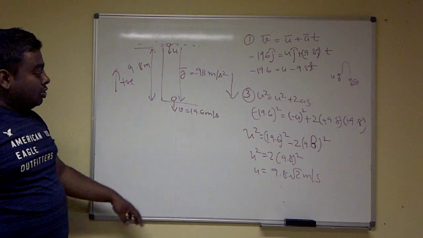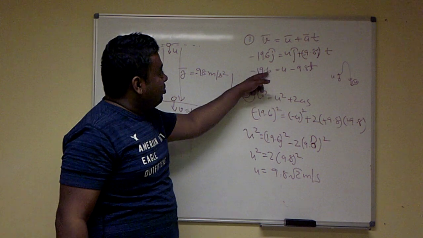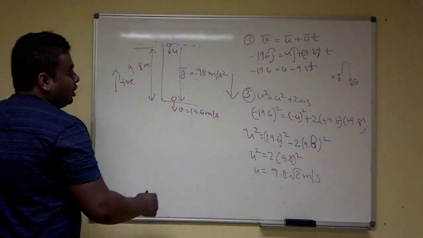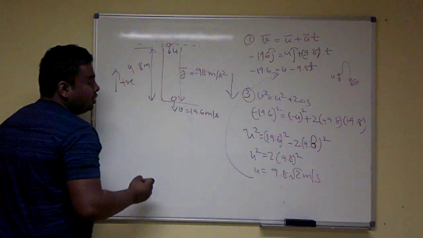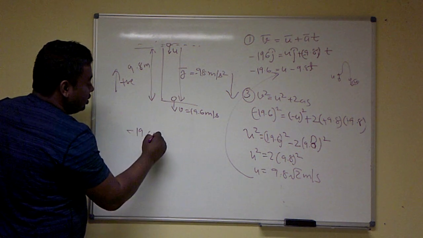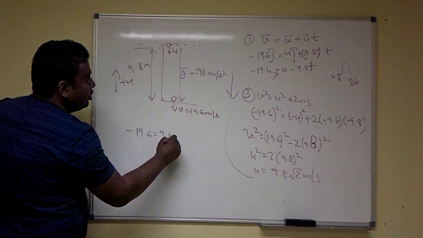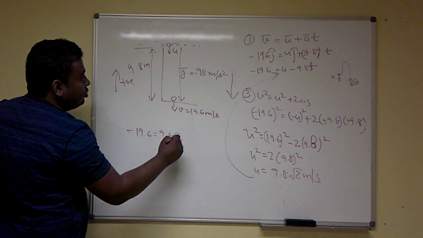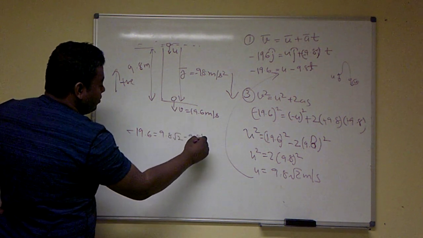Right? So if we put this back in the first equation of motion, we get negative 19.6 equals 9.8 root 2 minus 9.8 times t.